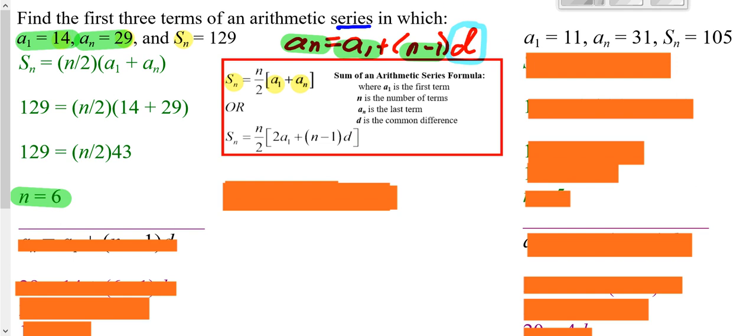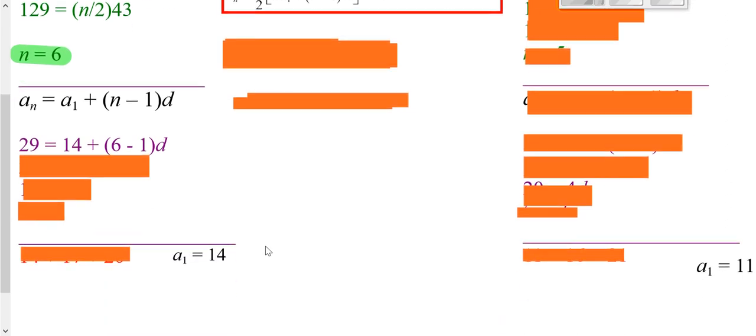And I need to know what d is so that I can actually start listing my terms. So I'm going to use that, plug in my last term, 29, plug in my first term, 14. You see those up here. Plug in n being 6. We just figured that out here. Now all I have to do is solve it for d.